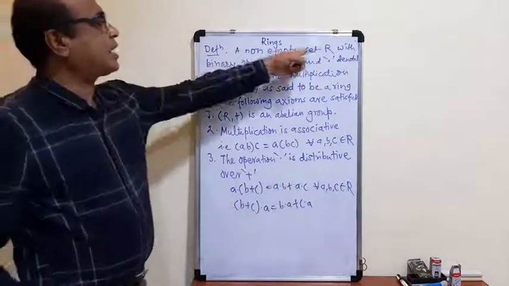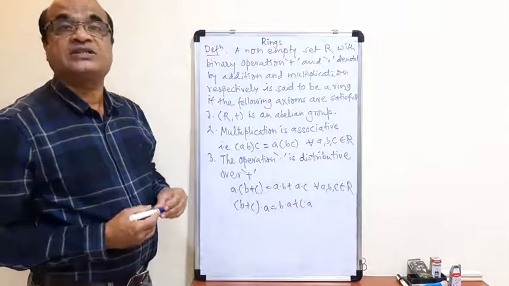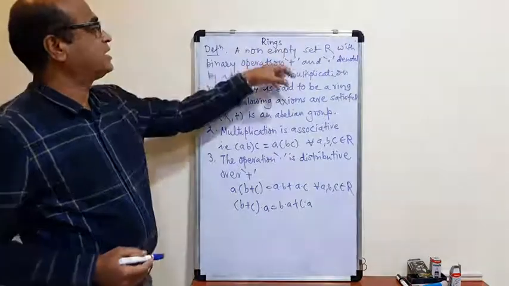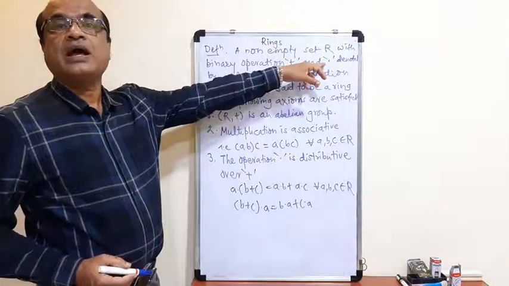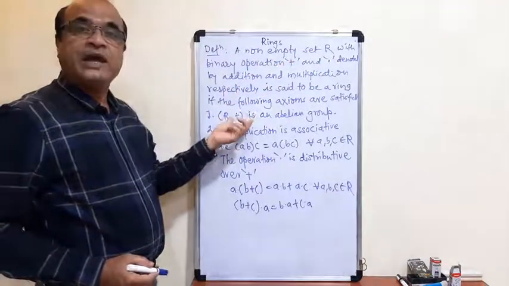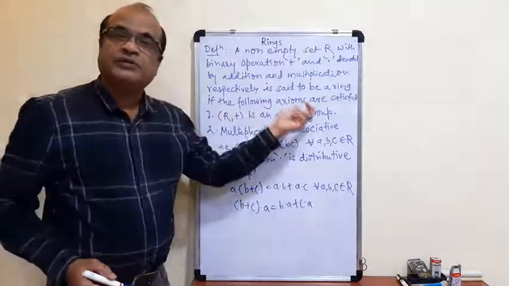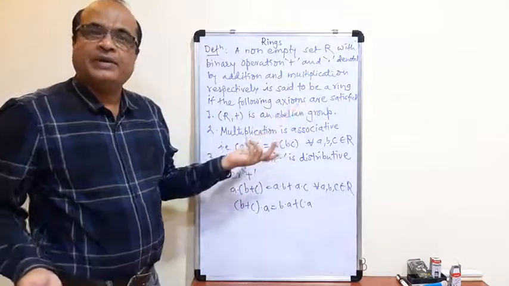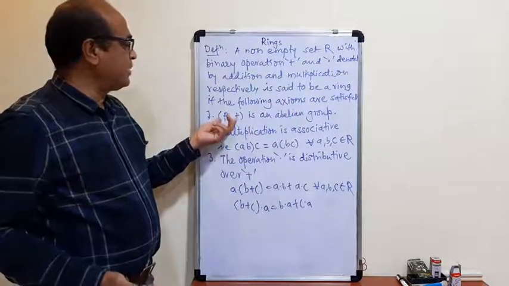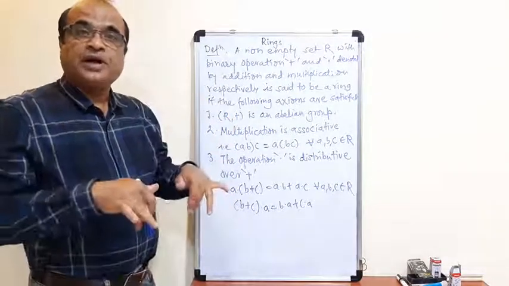If a non-empty set R with the binary operations plus and multiplication dot satisfies the following axioms: R plus is an abelian group. What is an abelian group? R plus is a group with the commutative property.